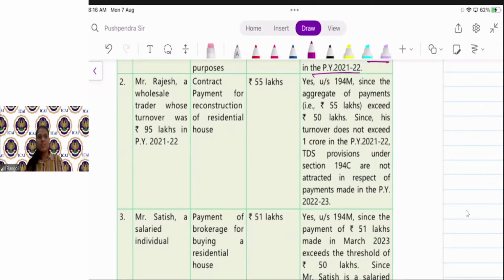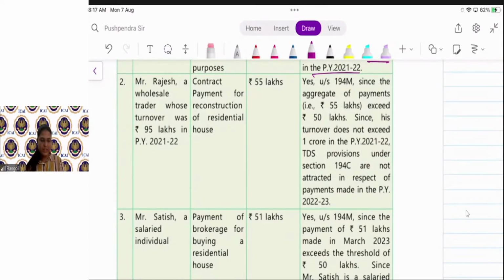Next point is Mr. Rajesh, a wholesale trader whose turnover was 95 lakh in the previous year 21-22. So in the last financial year, his turnover is less than 1 crore. So 194C, 194H and 194G are not applicable.